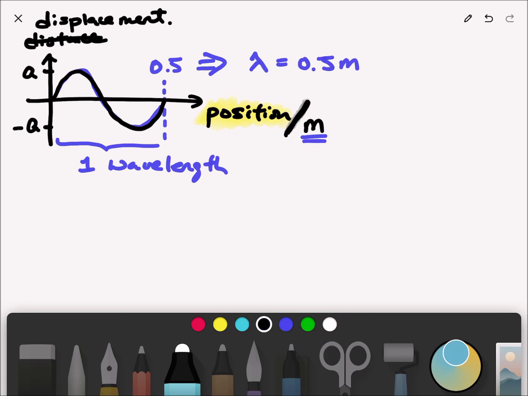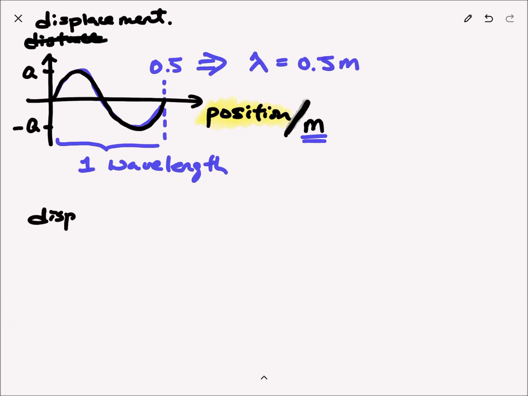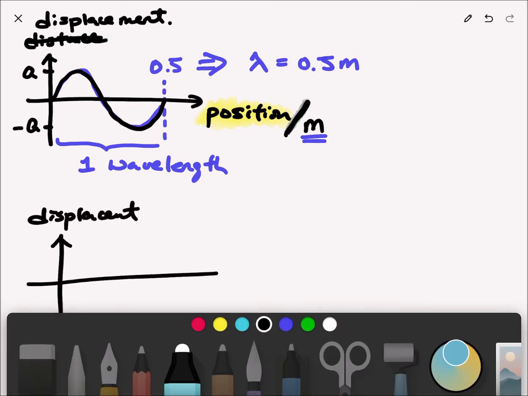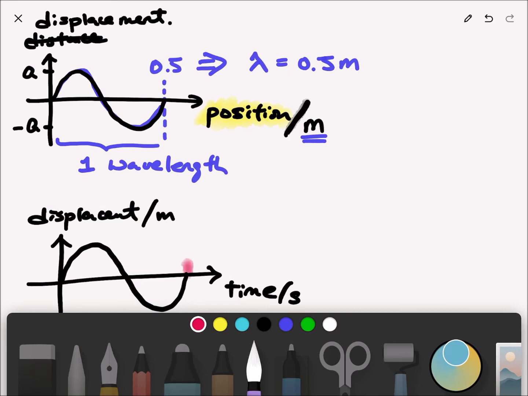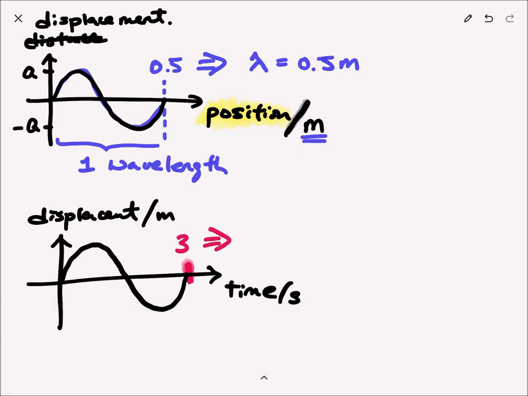Okay. The second type of graph is called the displacement time graph. So for the displacement time graph, if you have one waveform and they tell you that down here it is maybe 3, then what it means is that the time taken for one wave is 3.